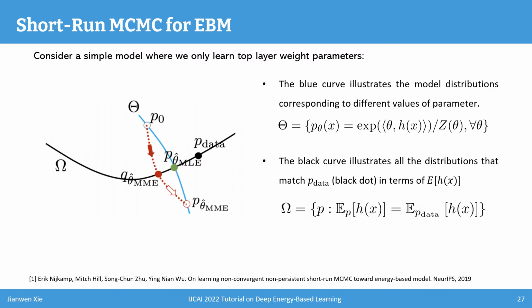But the MCMC stops after k steps, reaching Q with theta hat MME, which is the learned short-run MCMC generator. Even if the learned P theta may be biased from MLE, the resulting short-run MCMC is considered a valid model, in that it matches the data distribution in terms of the expectation of h of x.